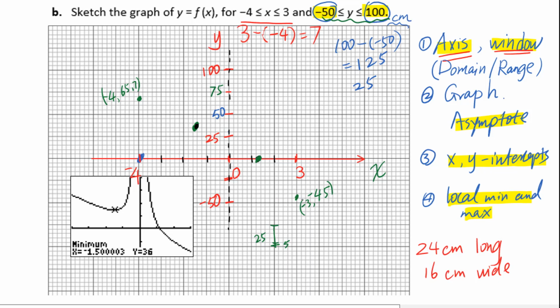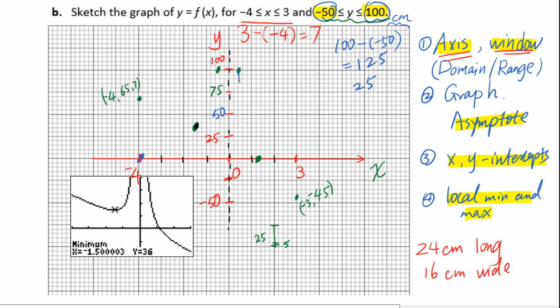That's how we get negative 3, negative 45. Then 0.5, 100. It will be here. And negative 0.544. Let's label here. We know this is the graph from a graphing calculator.